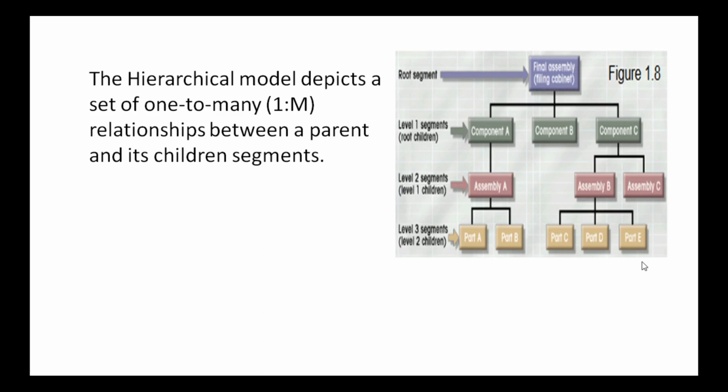In turn assembly A becomes parent to the child segments part A and part B. Likewise in a tree structure all the data is maintained in the form of parent and child relationship.